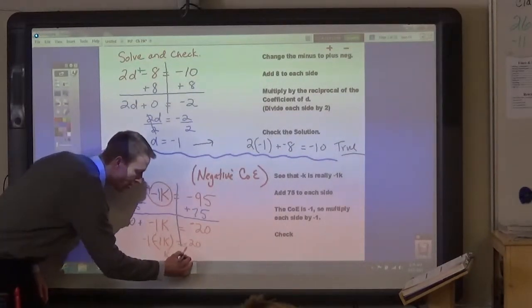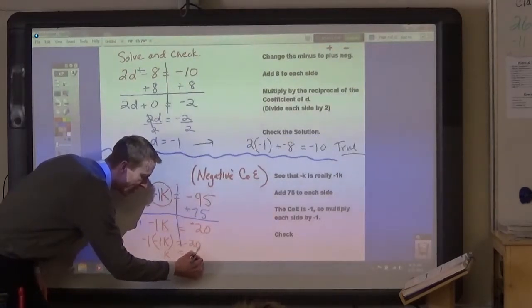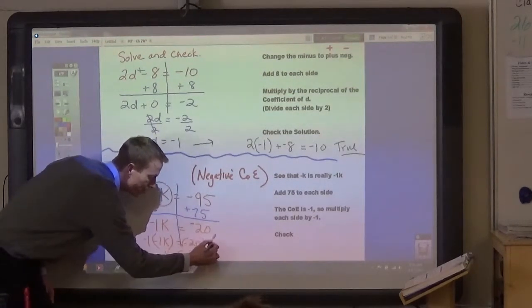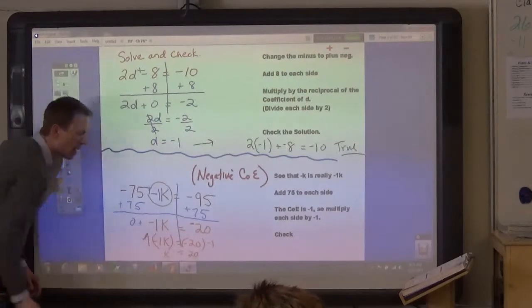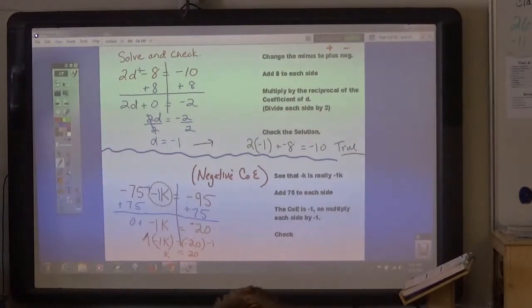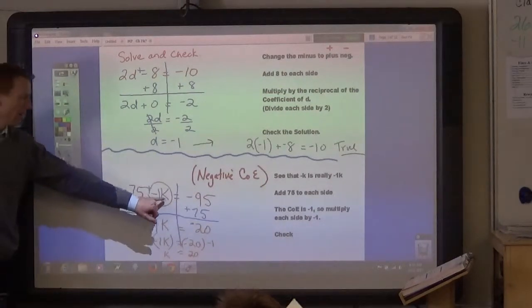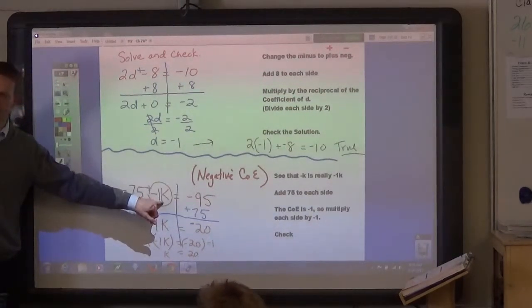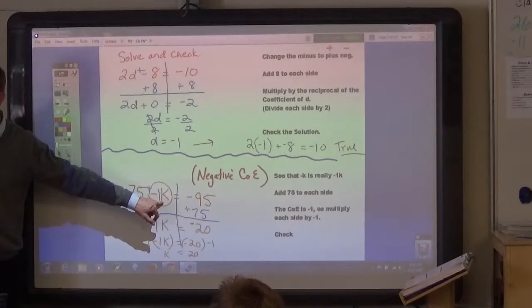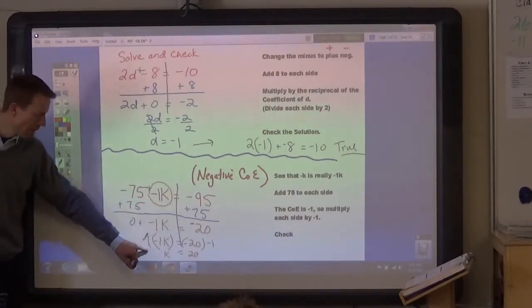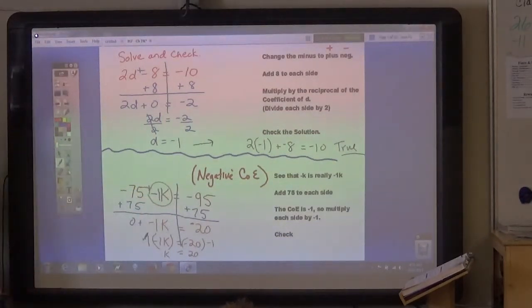So the reciprocal of -1 is -1. So we multiply both sides by -1. Whenever you have a -1k or negative in front of a variable, you just multiply both sides by -1 right at the end. Okay?